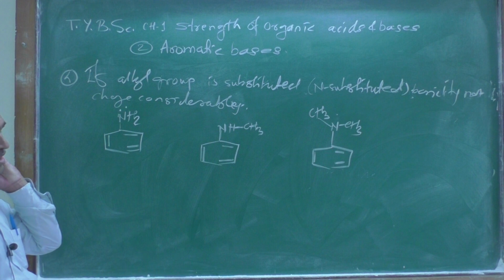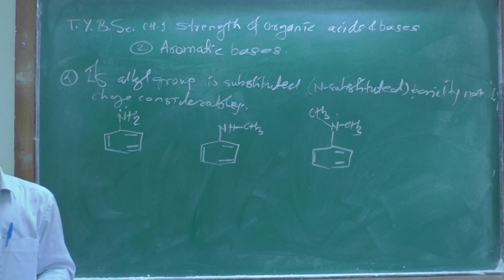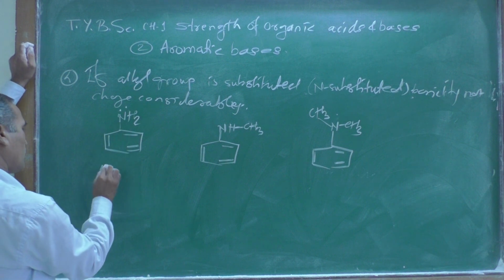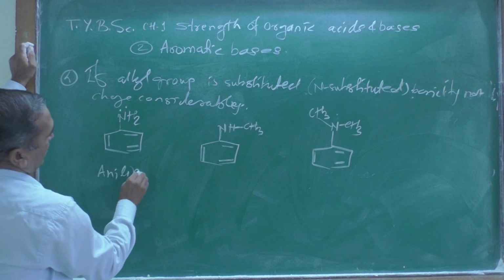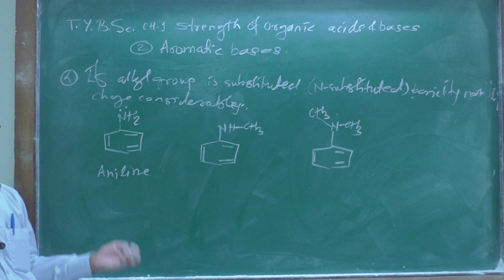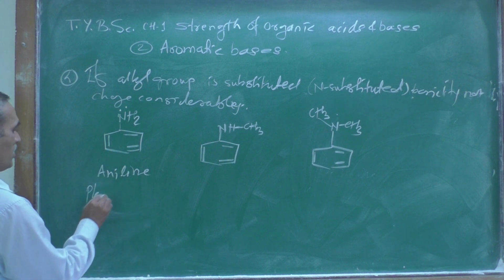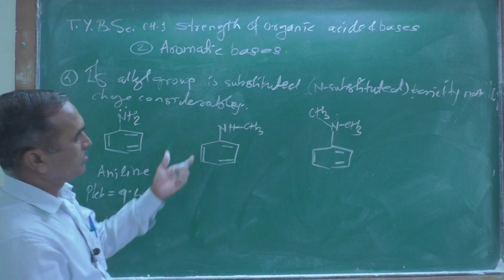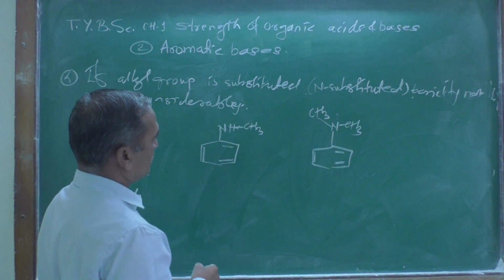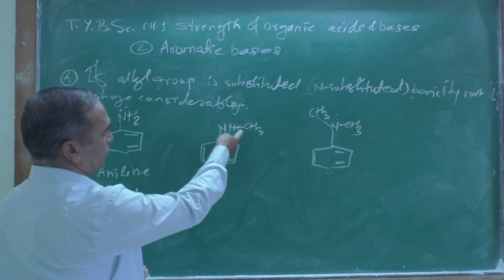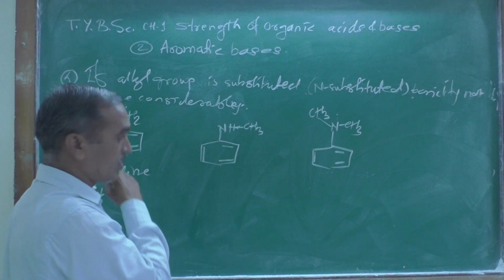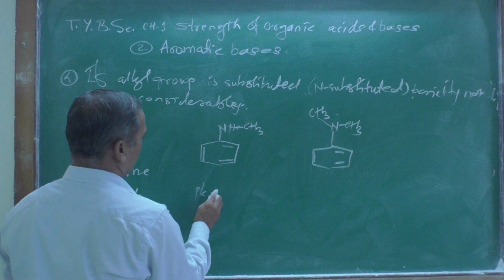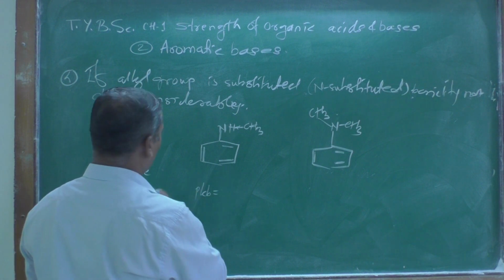I replaced the hydrogens on the nitrogen atom by alkyl groups. The pKb value of aniline is 9.4, and when a methyl group is attached to the nitrogen atom, the pKb value somewhat increases.